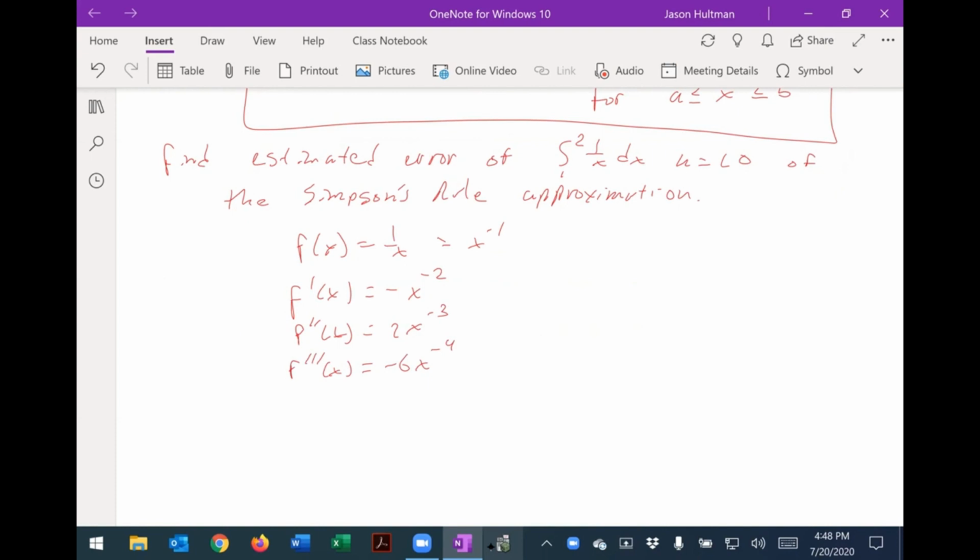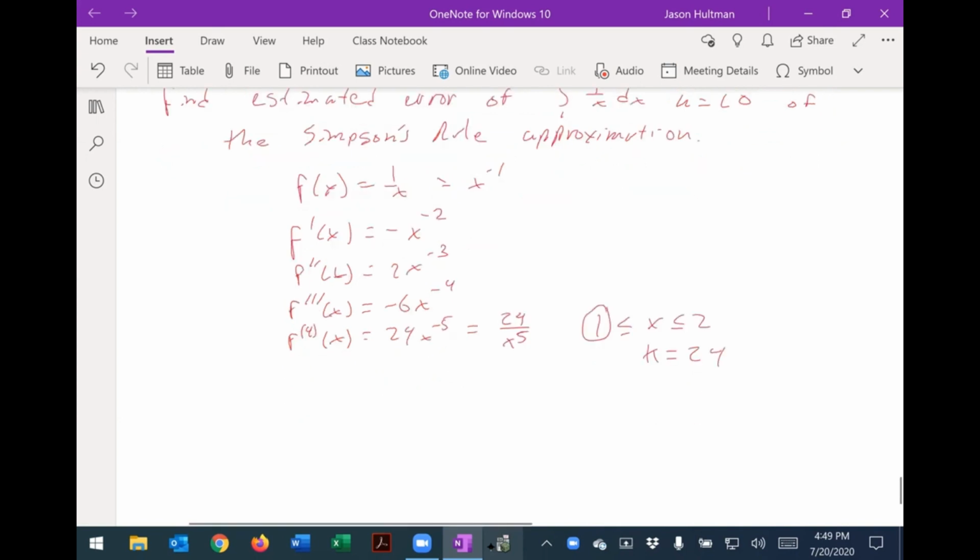And the 4th derivative of f is 24x to the negative 5th, which is just 24 over x to the 5th. Then we're looking at 1 less than or equal to x, less than or equal to 2. So what's going to be my upper bound? It's when I plug in the lowest number, because when we divide by a smaller number, we get a bigger value. So I divide by that 1, and my K ends up being 24. K is equal to 24.